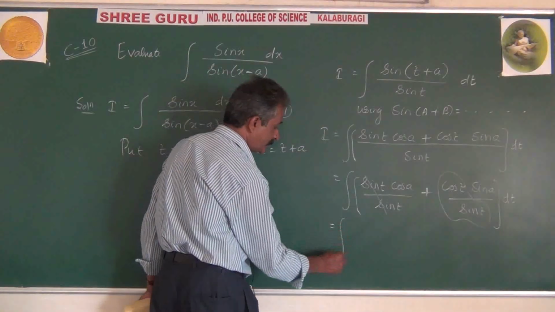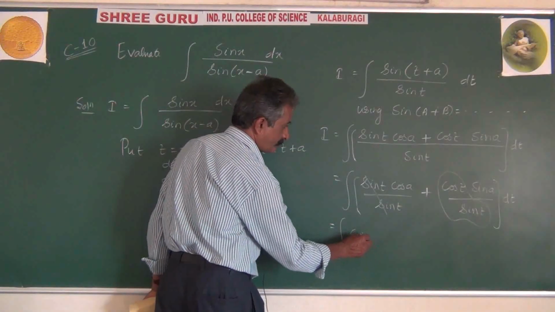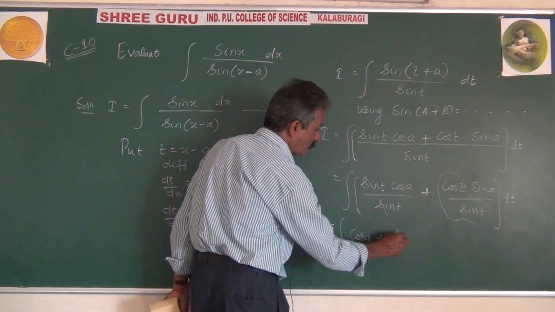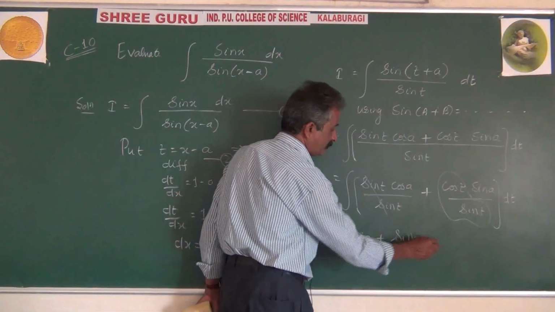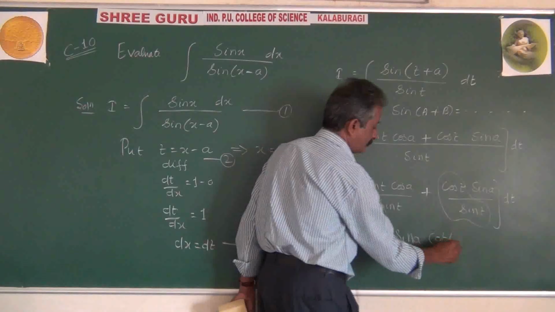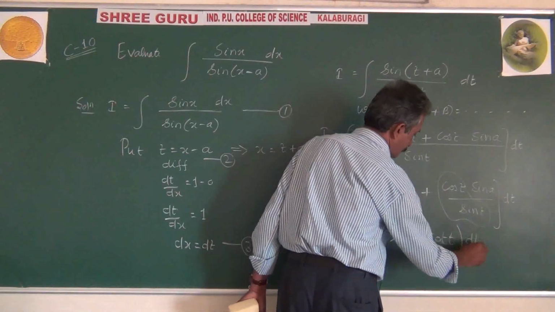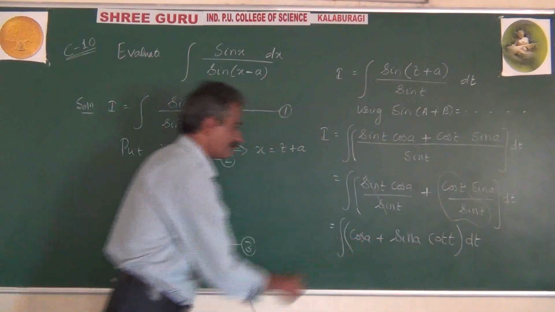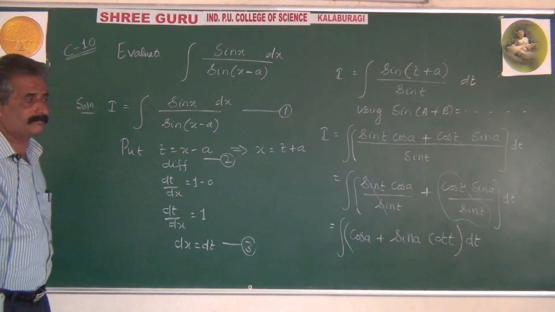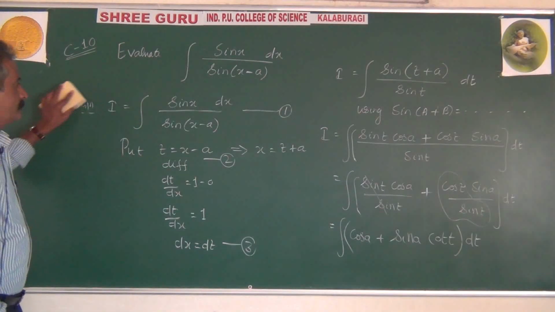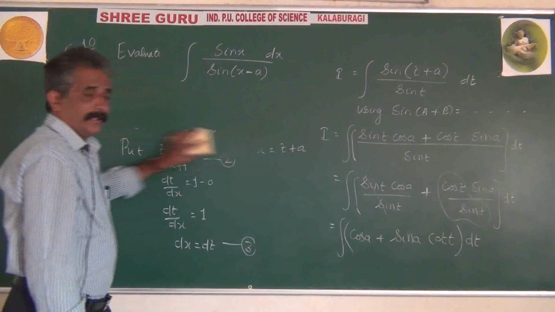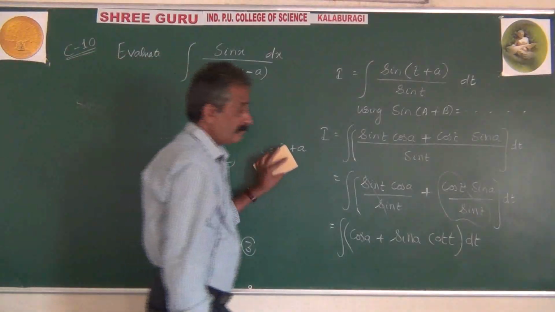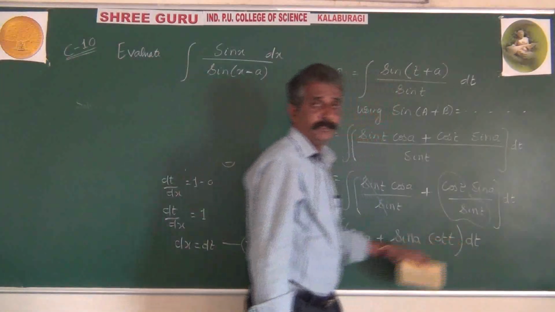That is equal to integration of cos a plus sin a into cot of t dt. And keep in mind that we are now integrating with respect to t.